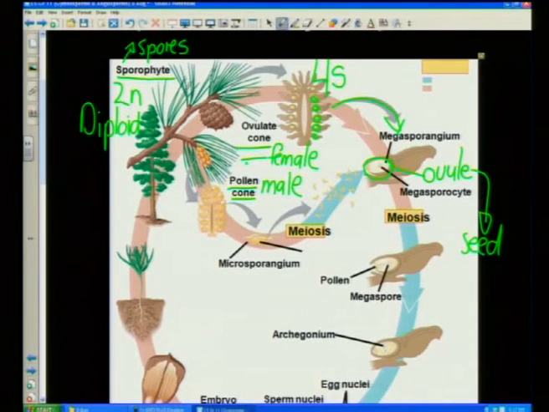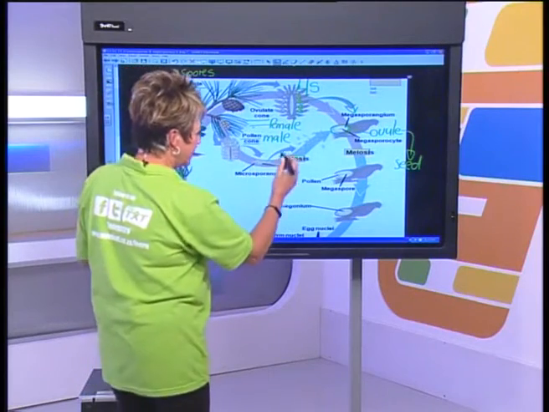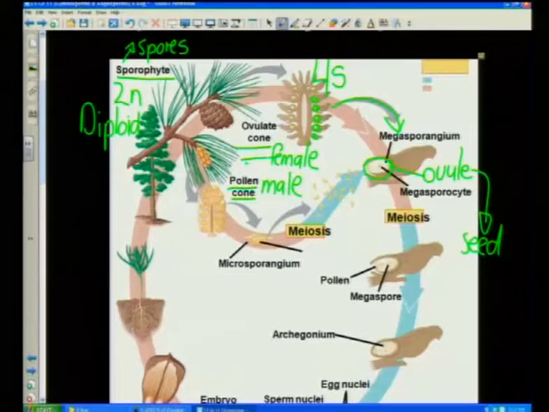Now what process takes place in the sporophyte generation? Can you remember? The process of meiosis. Why does meiosis have to take place? Meiosis needs to take place to make the gametophyte generation. So we're going to have meiosis taking place inside the ovule, and that's going to produce later on the egg cell.